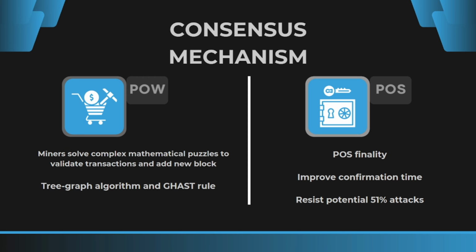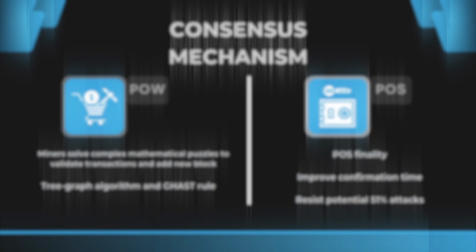Because any blockchain, when they start, usually has a few nodes, and there are more chances for attackers to attack them. So the proof of stake layer added that additional security layer, and it also improved the confirmation times.